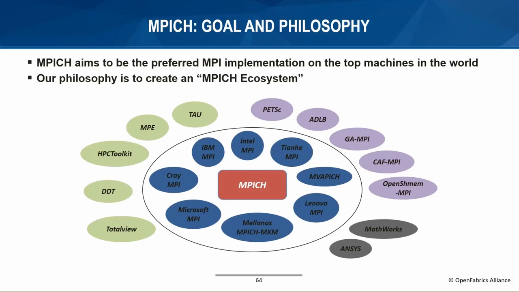Outside of that, we also have a close collaboration with the application teams, and you see here the scientific library teams. This essentially becomes a big MPICH family. So next, please.